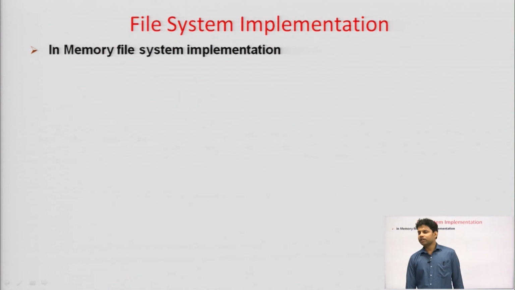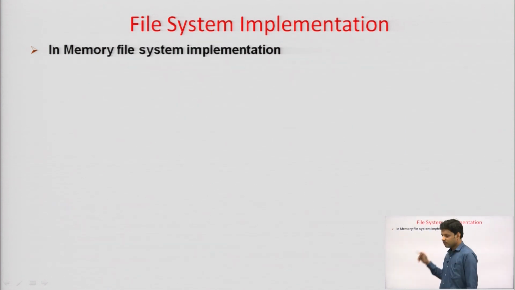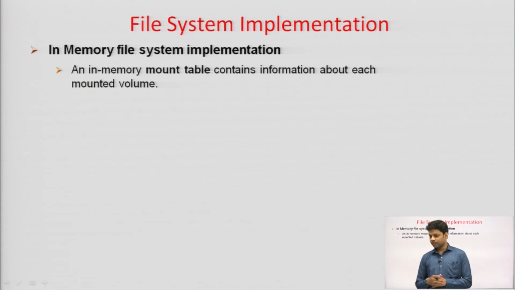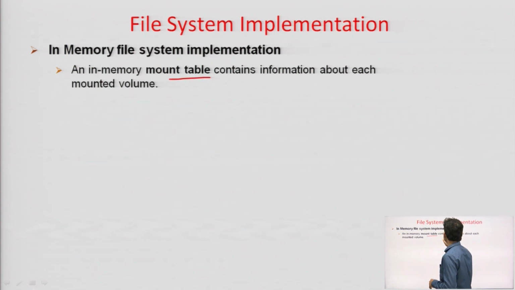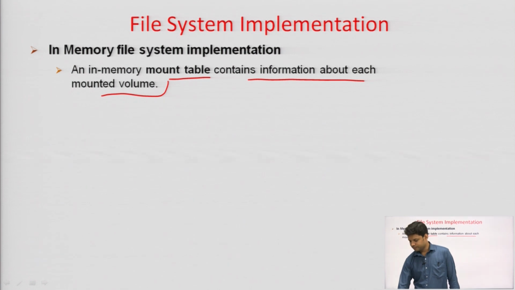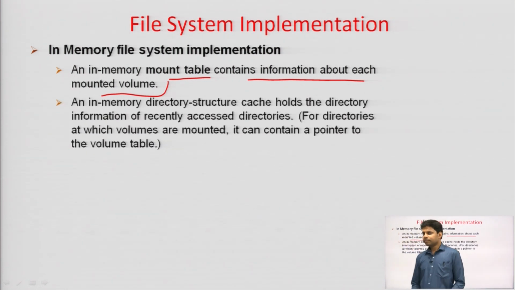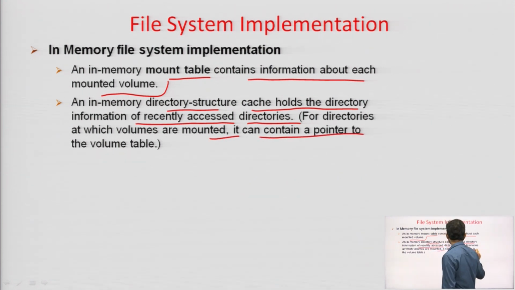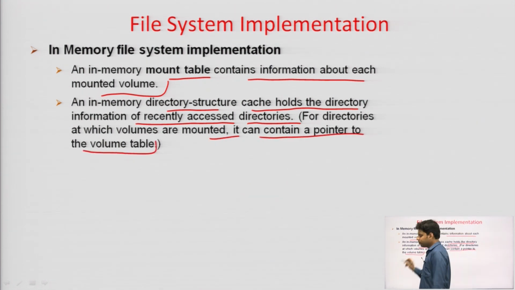When we talk about the in-memory file system implementation, it contains an in-memory mount table which contains information about the mounted volumes. The in-memory directory structure cache holds the directory information of recently accessed directories; for directories at which volumes are mounted, it can contain a pointer to the volume table.